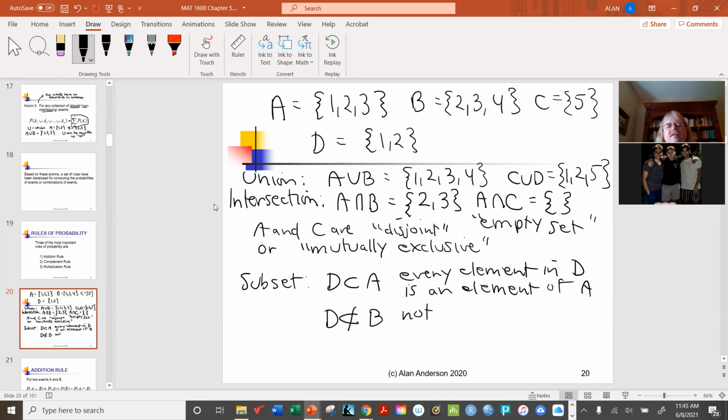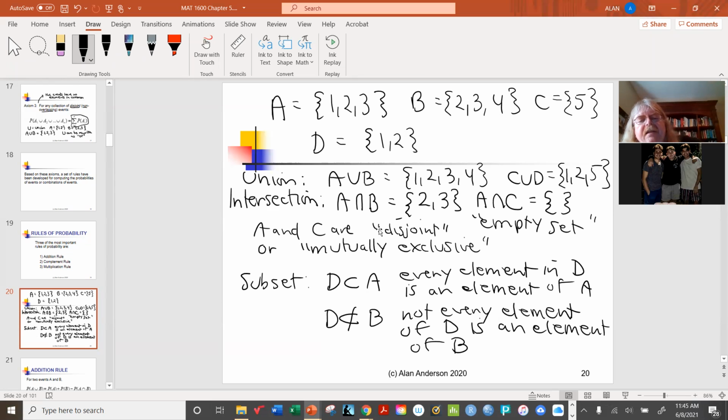Not every element of D is an element of B. And so we say that D is not a subset of B. D is a subset of A, but not of B. Okay, so that should take care of us so far. I mean, there's more, but for the time being, that'll be our quickie review of set theory, or set algebra, I should say.